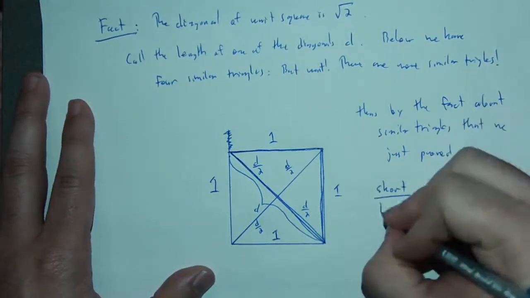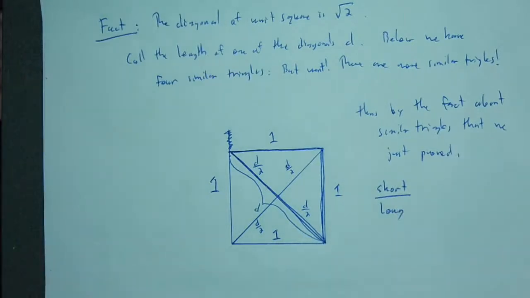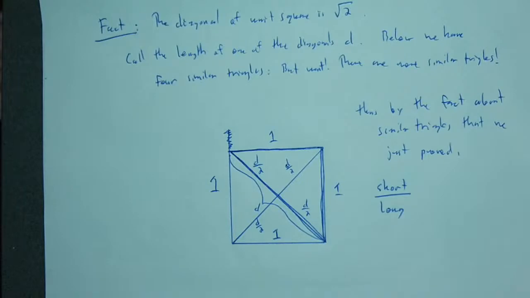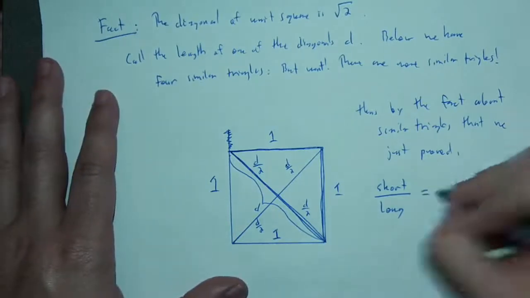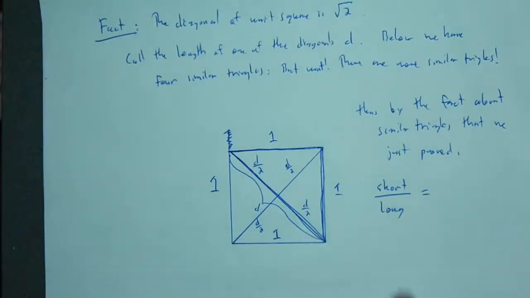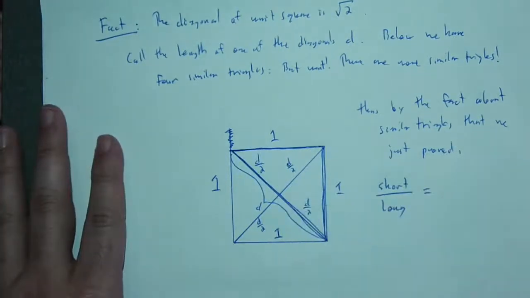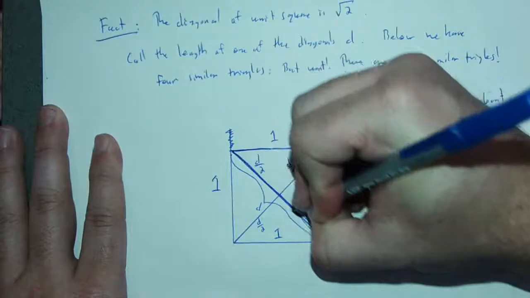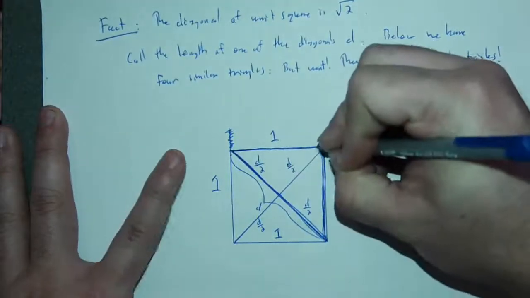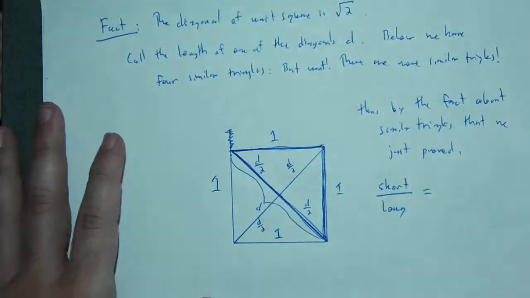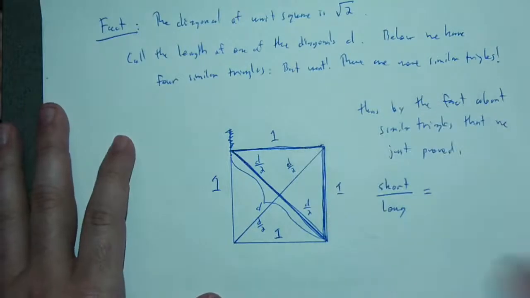by the fact about similar triangles we just proved, if I look at any of these similar triangles and consider short over long, okay, what is short over long in my bigger triangle? So keep highlighting this one. In this one, what is the short side and what is the long side?